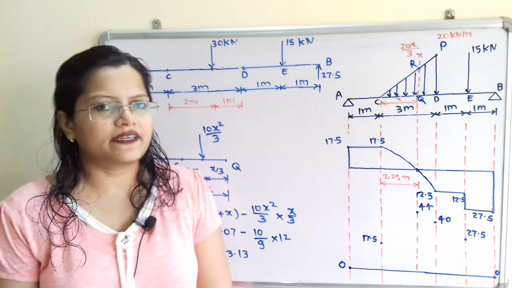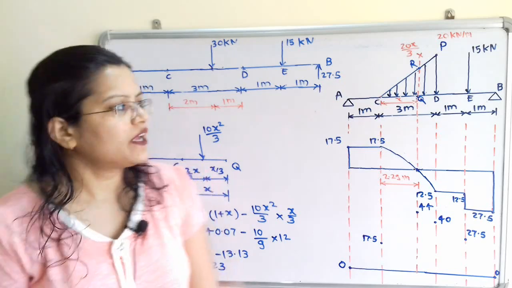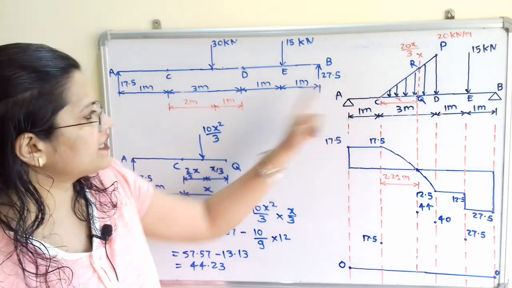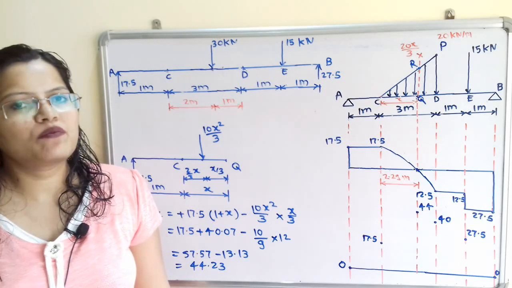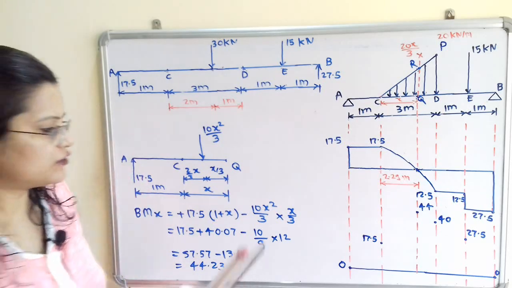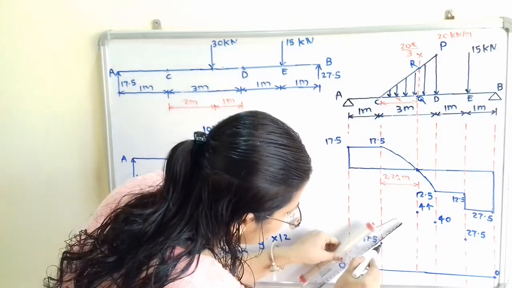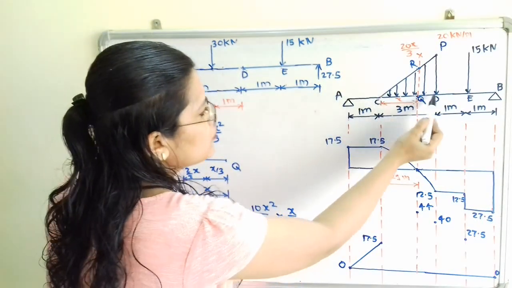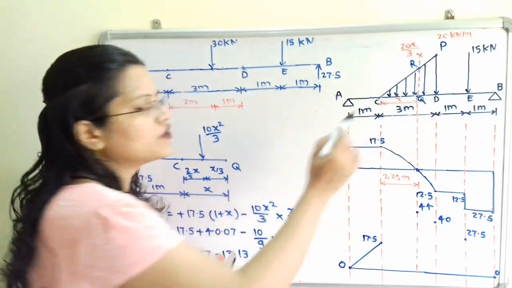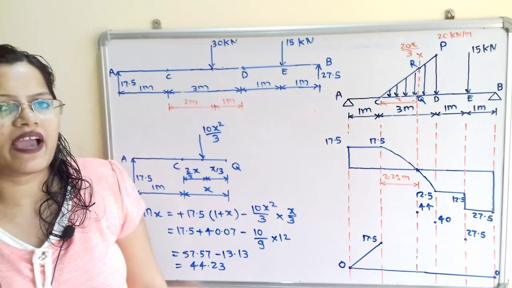Now we will complete this bending moment diagram. If we observe the section AC, then in between this AC point load is there. So bending moment will vary linearly. So we have to show the linear line. Now if we observe the section C to D, so section C to D is having uniformly varying load.